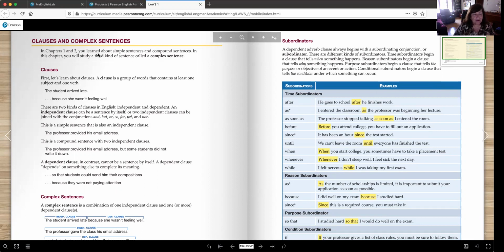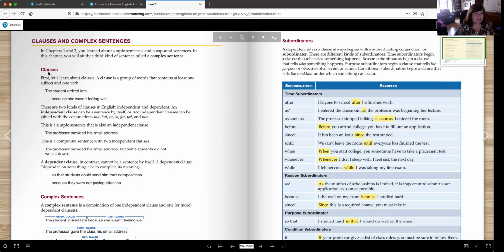The dependent clause is the part that is not a sentence in itself. It is dependent. That means it depends on the other part of the sentence for it to make sense, okay? Just like children depend on their parents to raise them properly and in a healthy way.